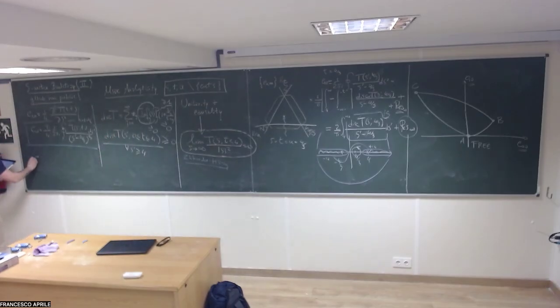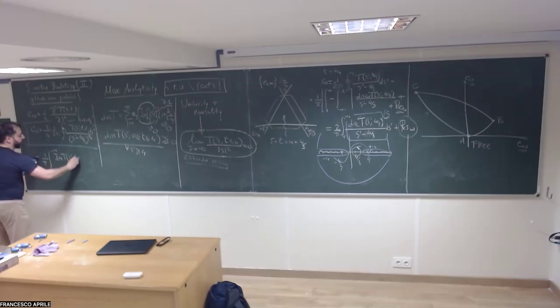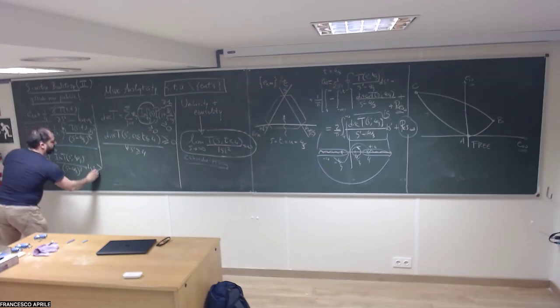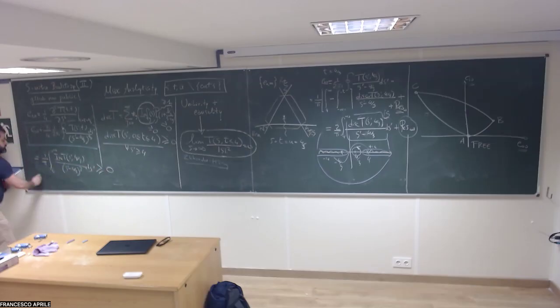And therefore, this quantity becomes just 1/pi integral from 4 to infinity, the imaginary part of T, S prime over 3, divided by S prime minus 4/3 cubed in the S prime. And now this quantity is positive. This quantity is just positive.